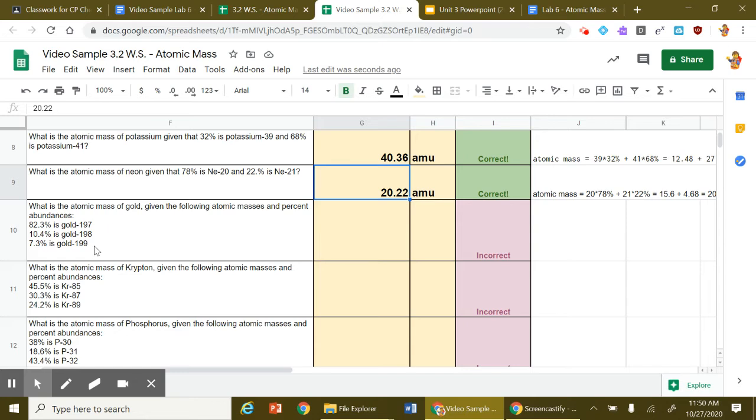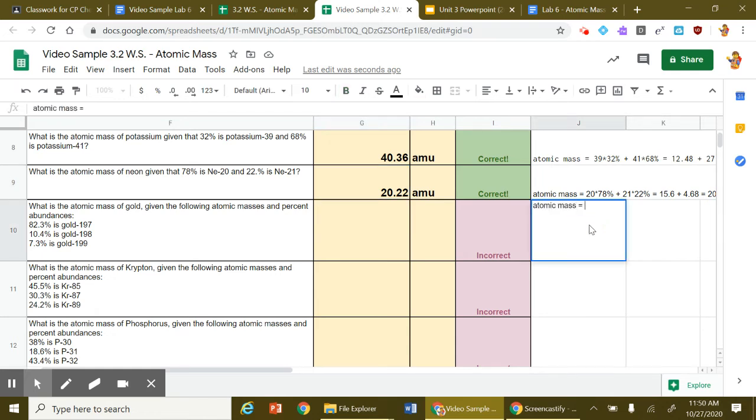Now, again, my answer needs to be between the low and the high masses. So it's going to be somewhere between 197 and 199. And it's probably going to be closer to 197 because such a high percentage of this gold is gold 197. So atomic mass, here we go.